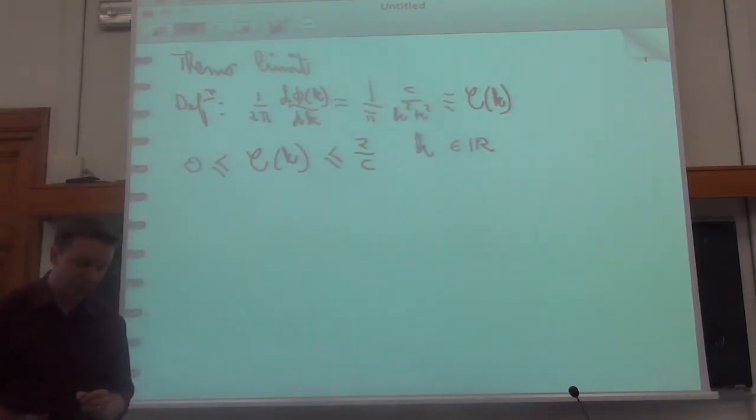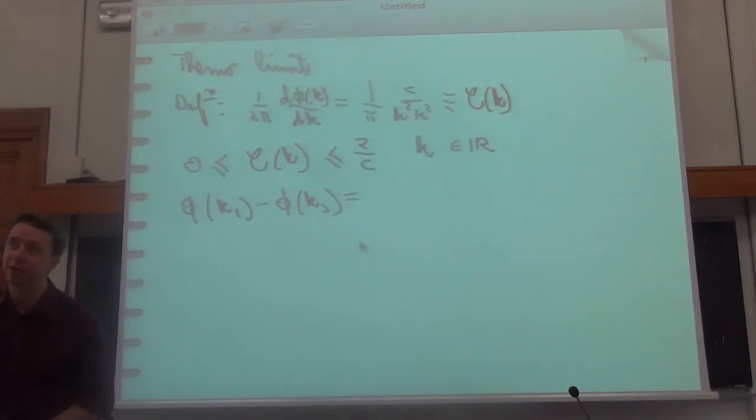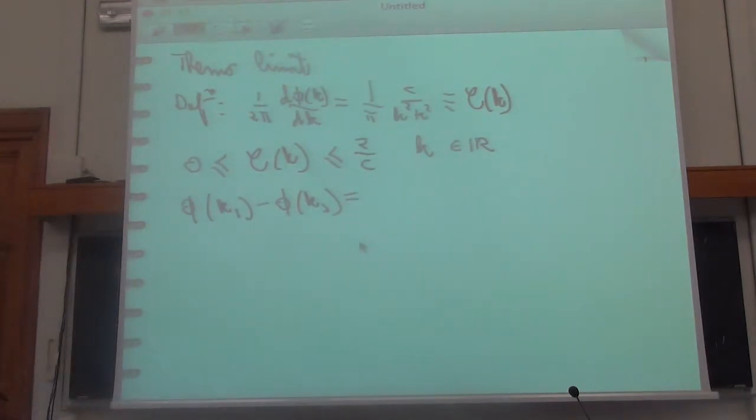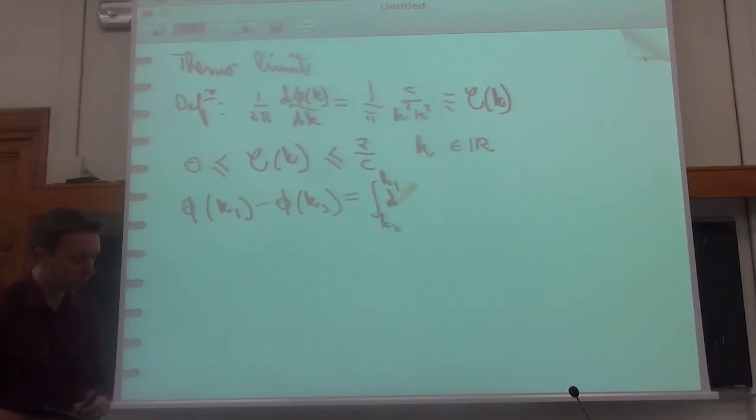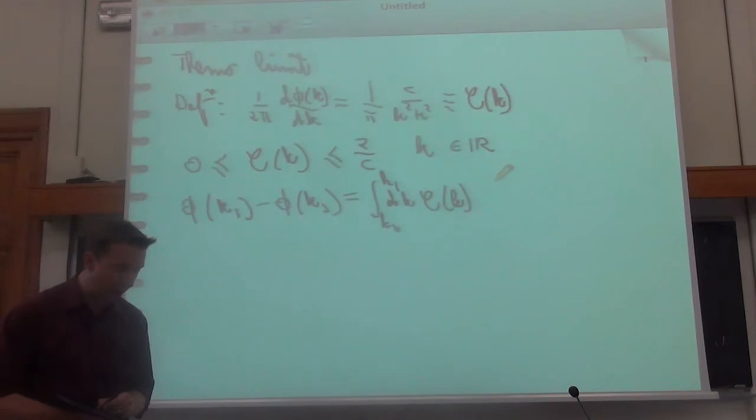You can just reintegrate this to give a bound for the difference between the scattering kernels for two rapidities. So phi of k1 minus phi of k2 is just the integral from k2 to k1 of this curly c, and this you can immediately bound by 2 over c times k1 minus k2.